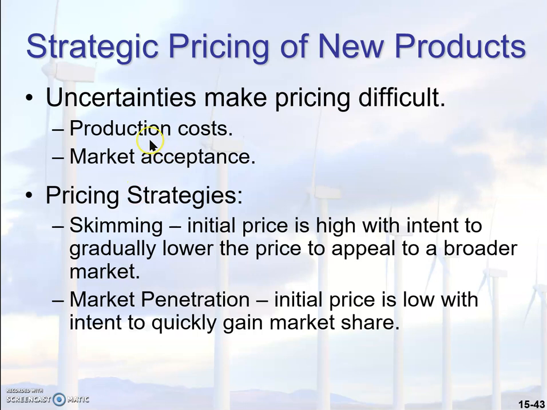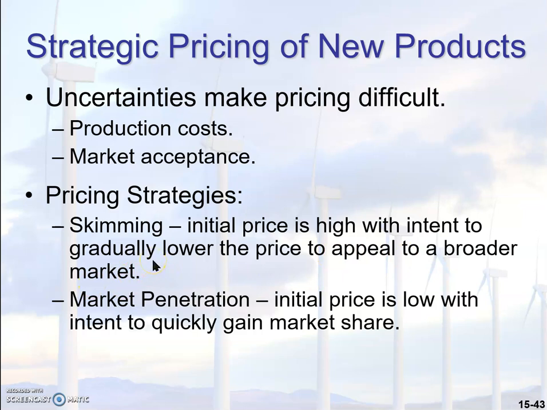When an organization finds it difficult to be certain on the market acceptance and the production cost, if they adopt a skimming strategy, it means they set the initial price high so that they are able to get good profit during the introduction period, but then slowly they reduce the price to appeal to a broader market.